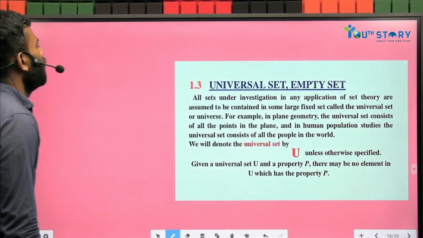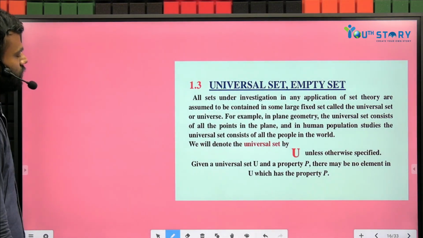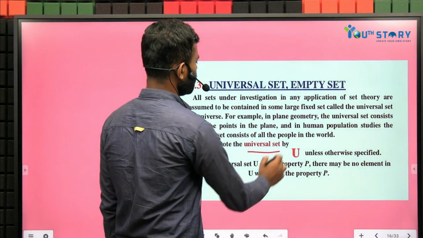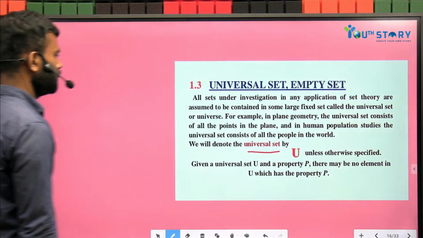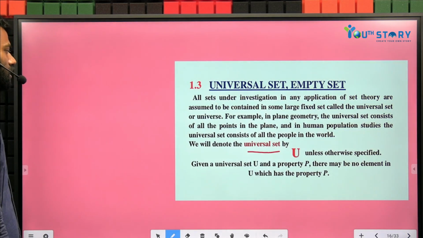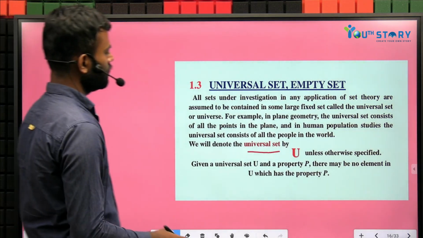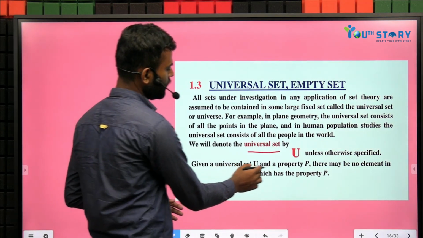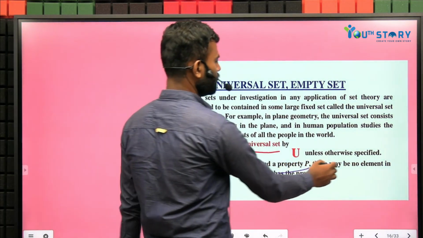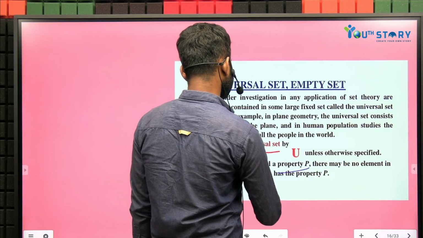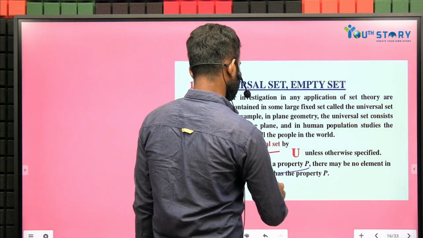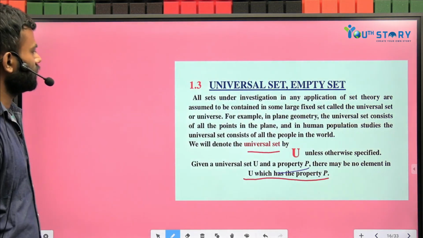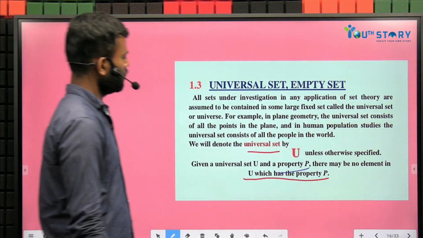Now we consider the universal set, and a property P such that there may be no elements which have the property. This is a crucial point.